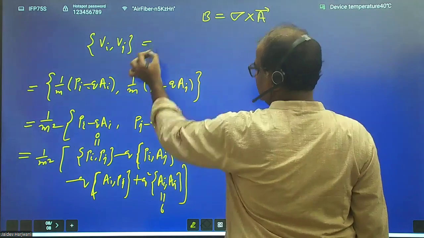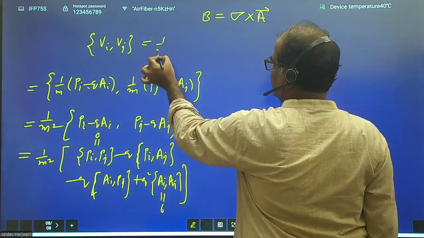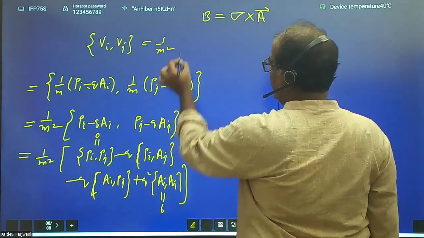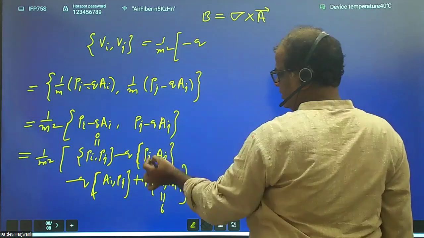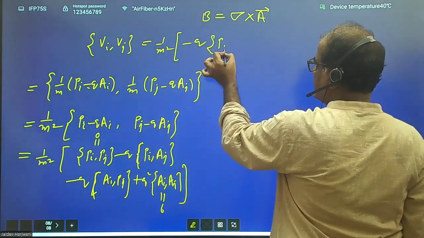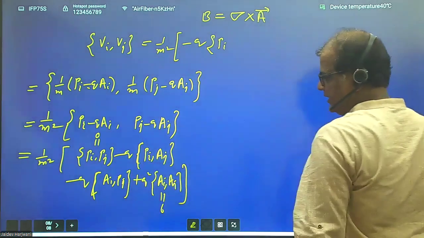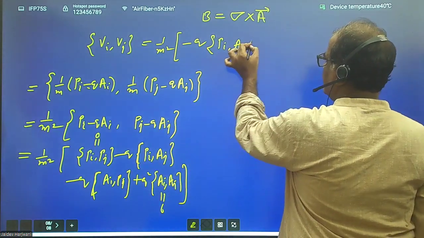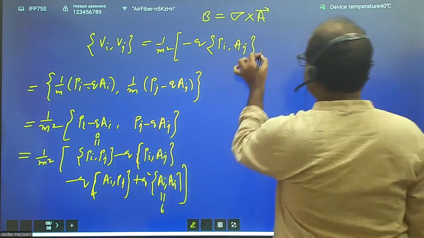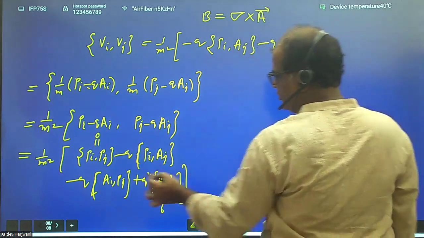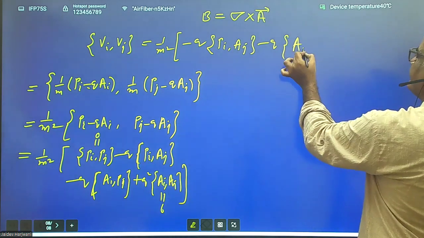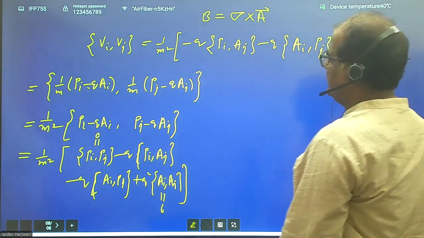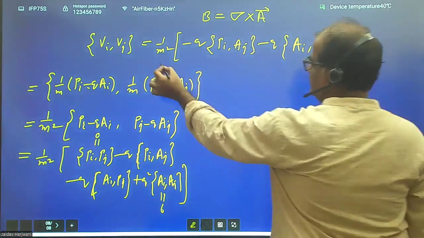So now let me solve it. I have 1 upon m square, and this becomes 0. Okay, and then minus q times the Poisson bracket of pi, aj, and then again minus q times the Poisson bracket of ai, pj. This becomes my expression, and I'm solving this now.